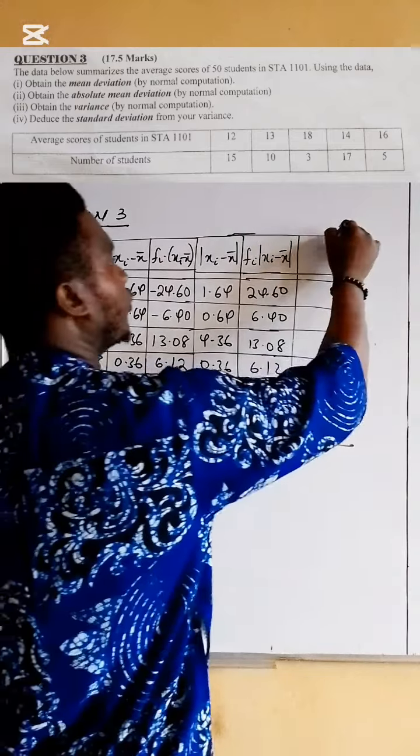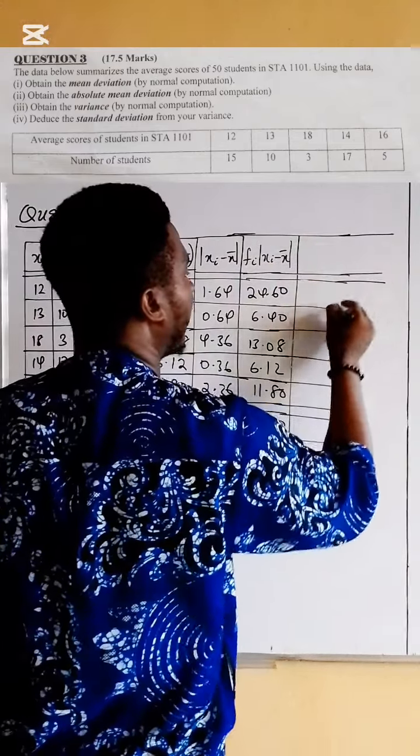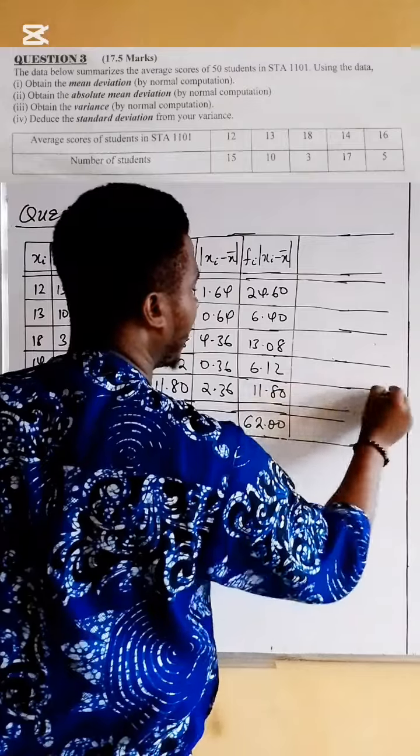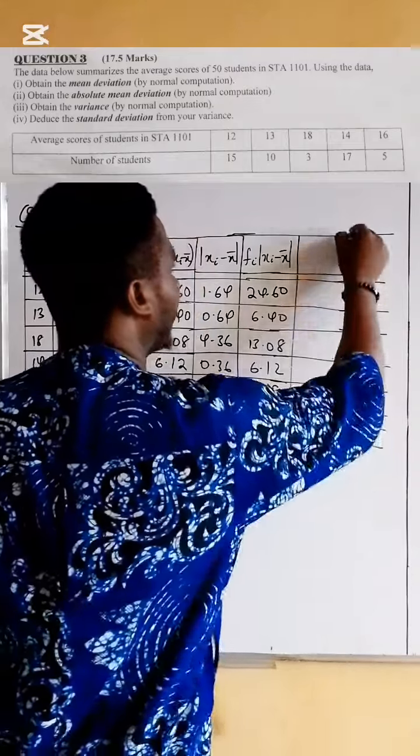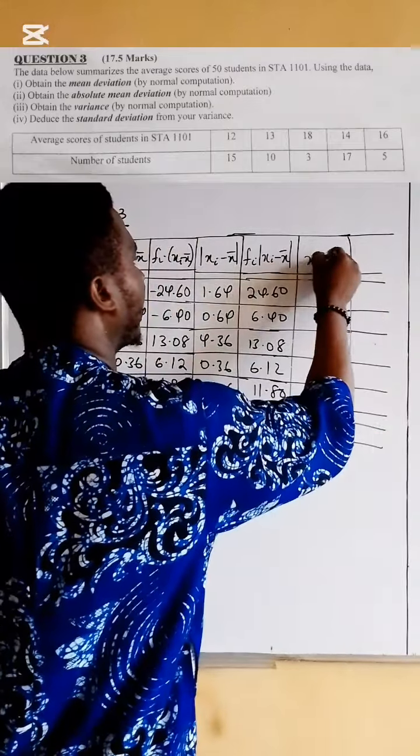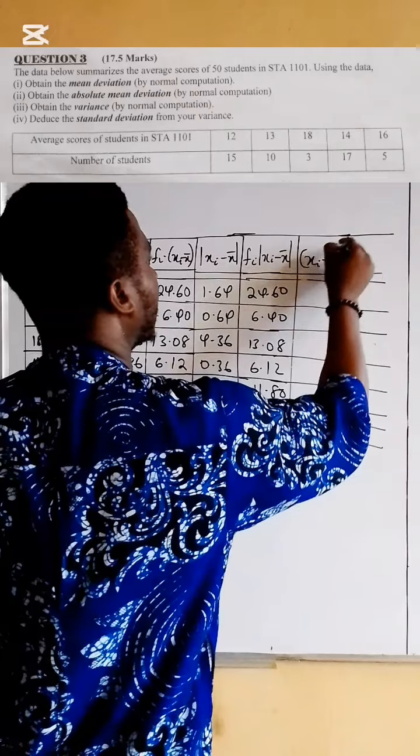So it means you will quickly have to create a column for (xi minus x bar) all squared.